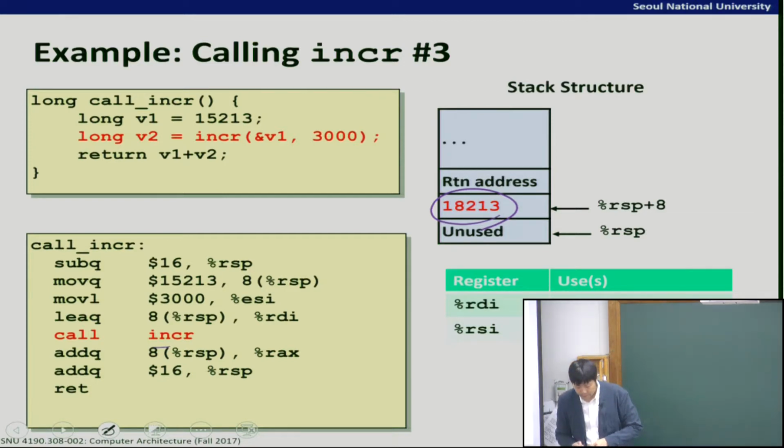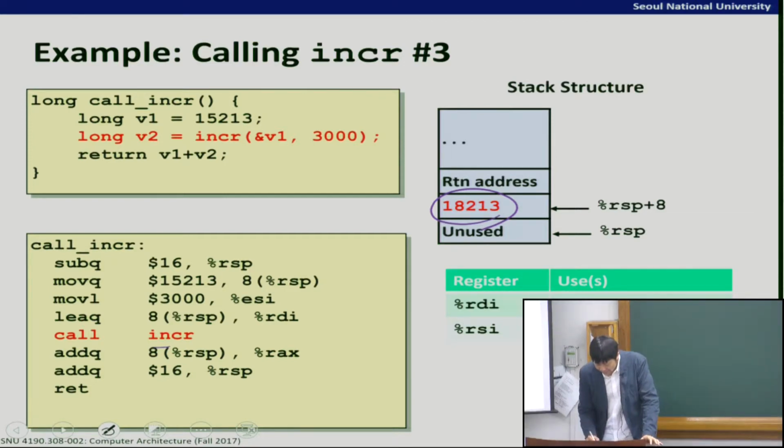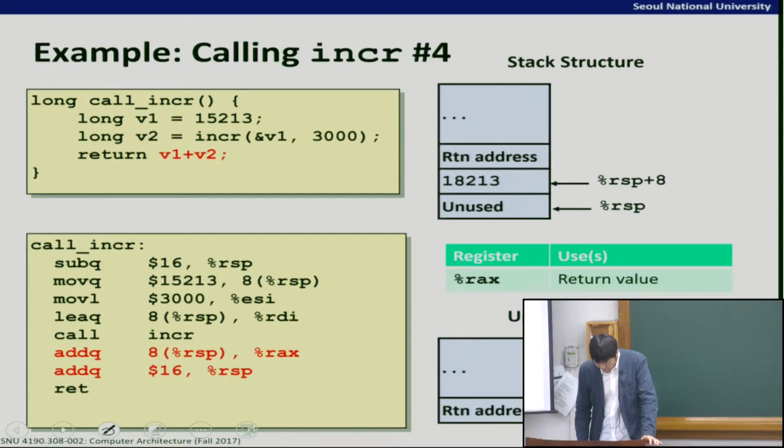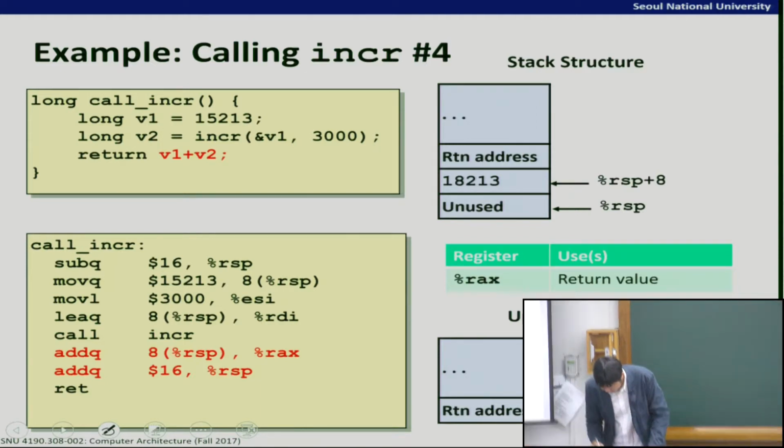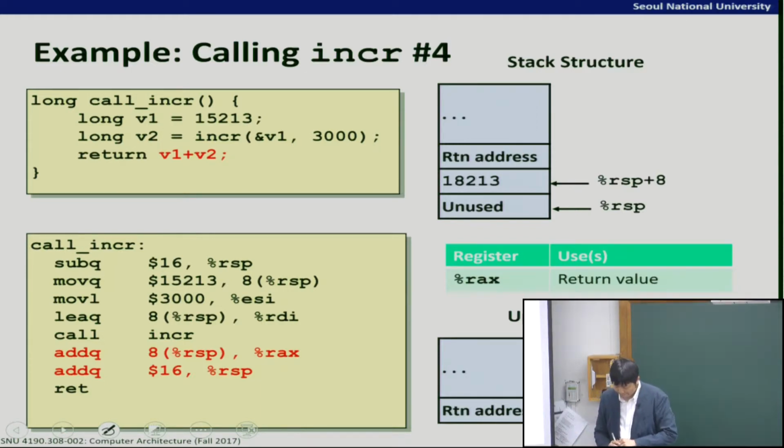Okay, and then you return. The return value will be stored in the RAX register. Because you get the return value using the RAX register, now you add the return value to the original value V1.